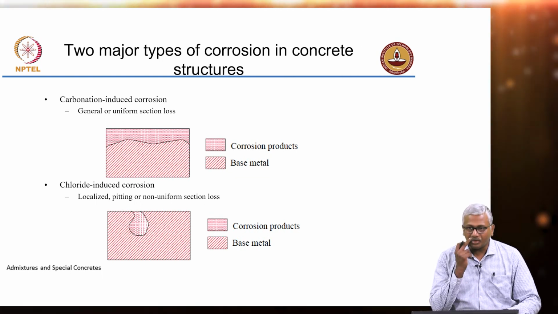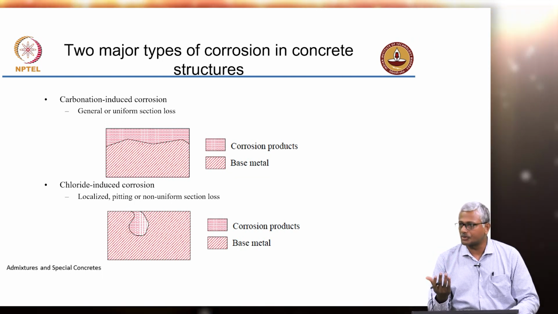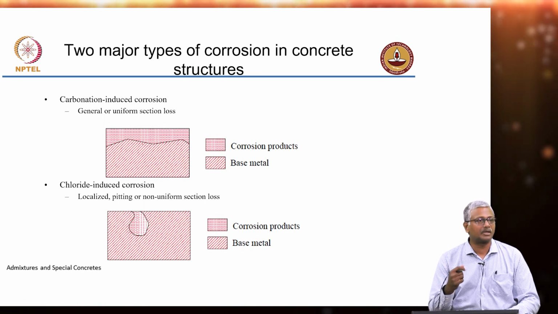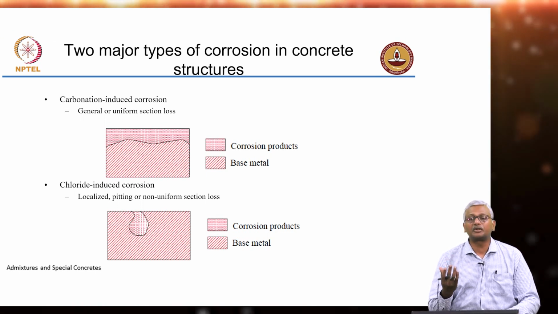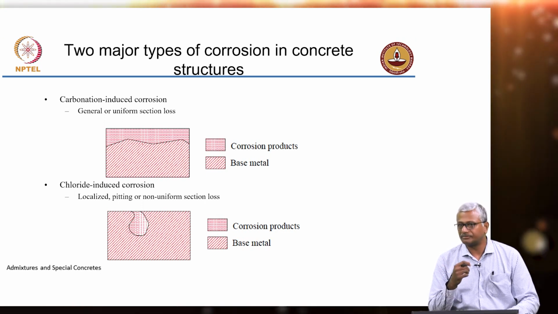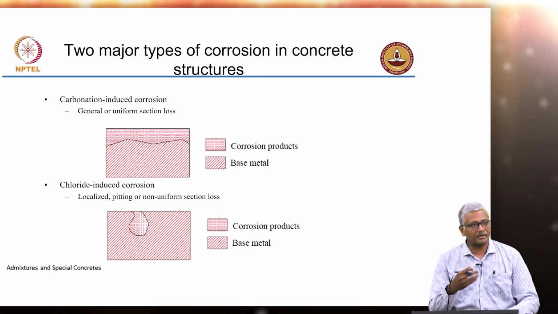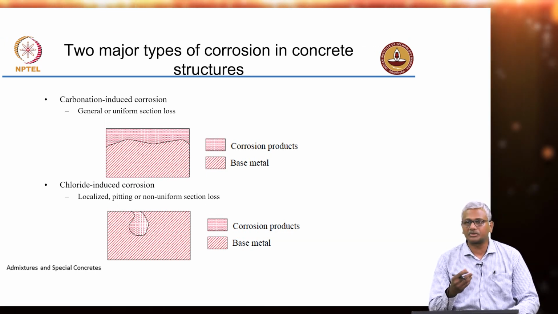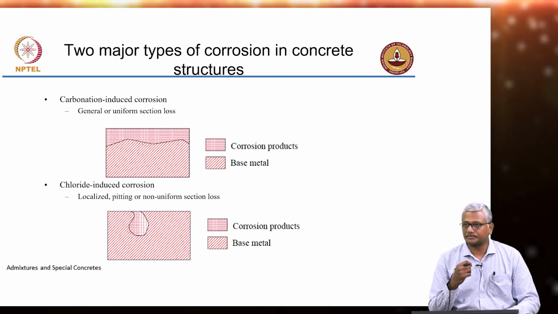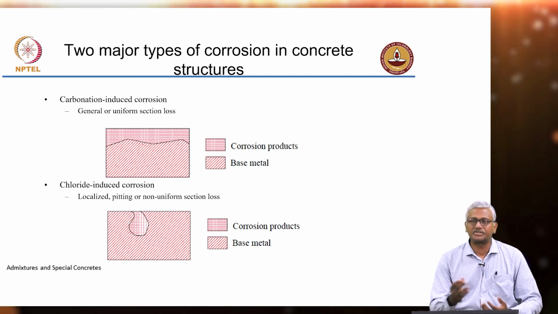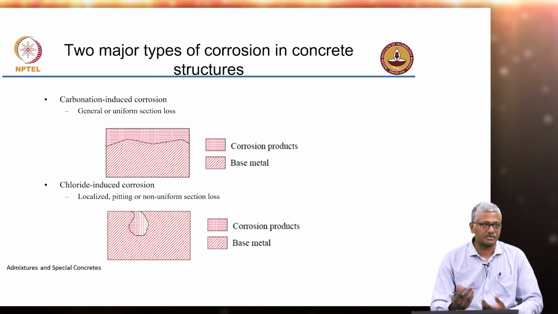Now, as far as concrete or reinforced concrete is concerned, two major things that we need to worry about with respect to the cause of the corrosion itself. One is corrosion that is caused by chlorides, the other is corrosion that is caused by carbonation. Now, this relates to the general atmosphere in which your reinforced concrete structure is servicing.